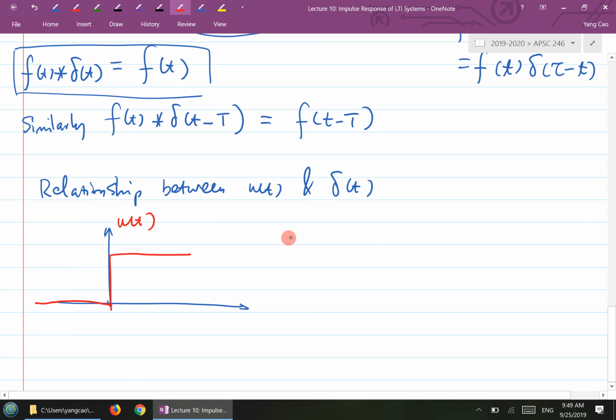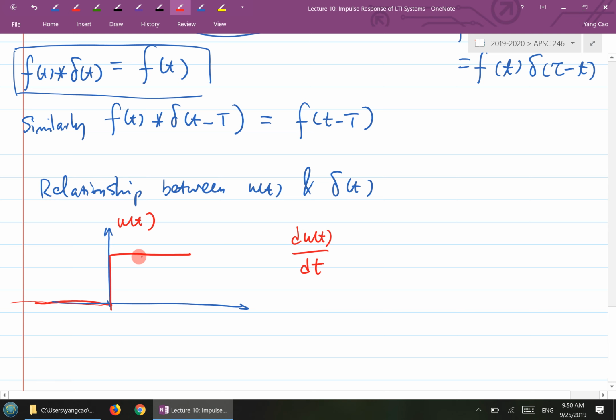If I ask you what the derivative of this u of t is, let's consider the way we take the derivative. The derivative means the slope of the curve. Looking at this red curve, starting from this area, it is flat, so the slope must be 0.